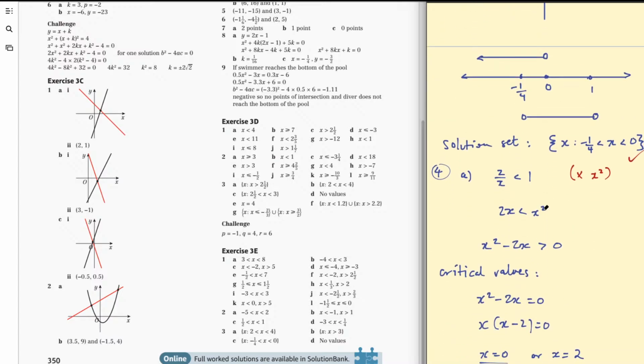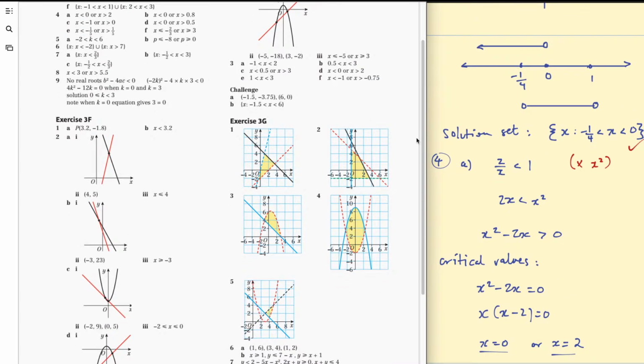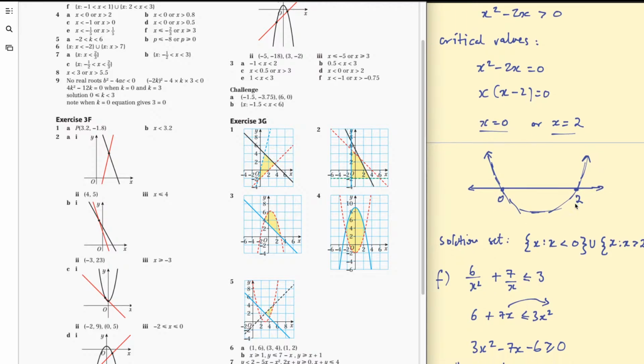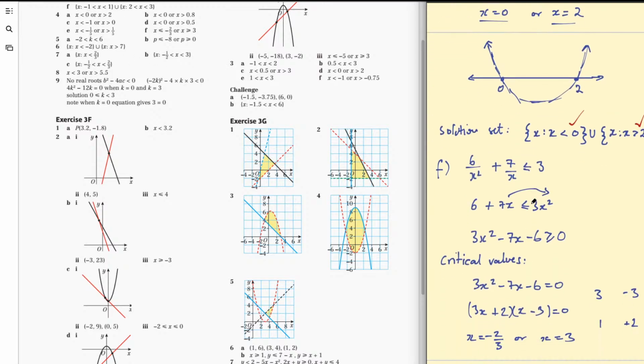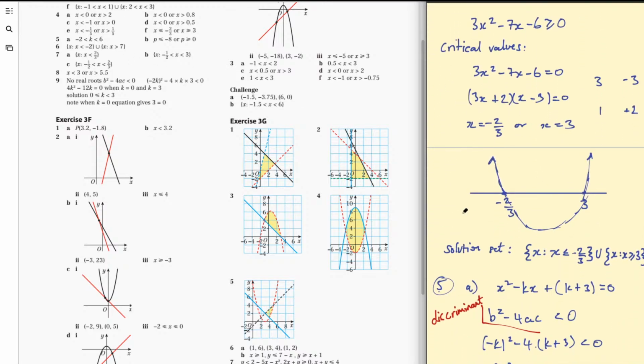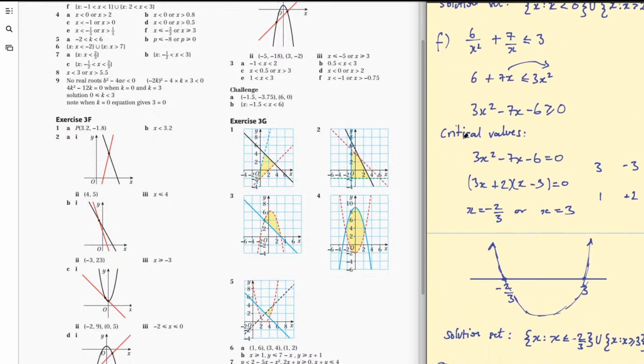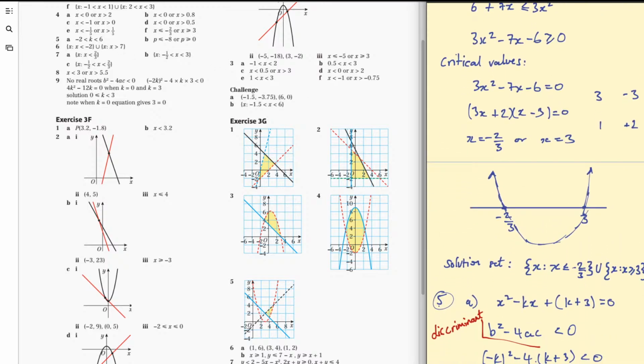Cool. 4a was x less than 0 and x greater than 2. Okay, they haven't used that notation, but still the same answers. 4f was x less than or equal to negative 2 and 3 and x greater than or equal to 3.